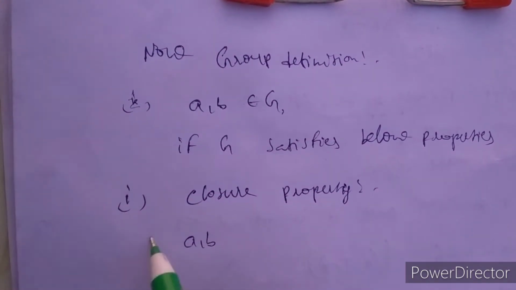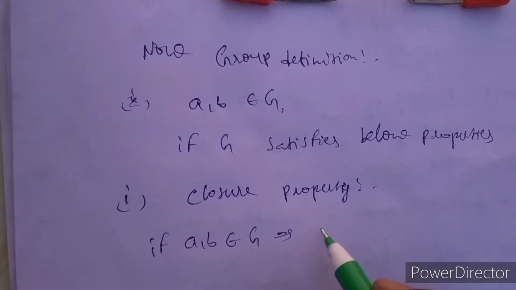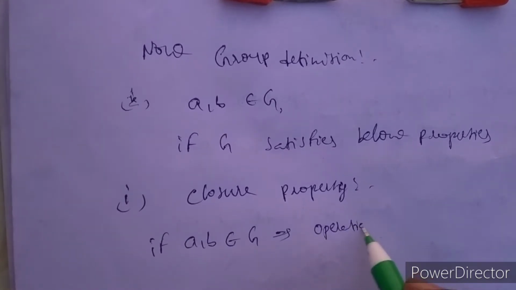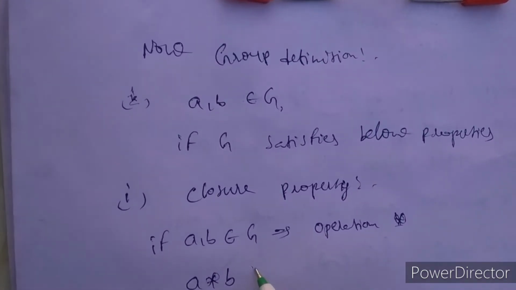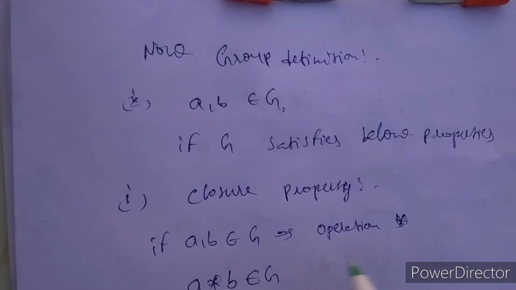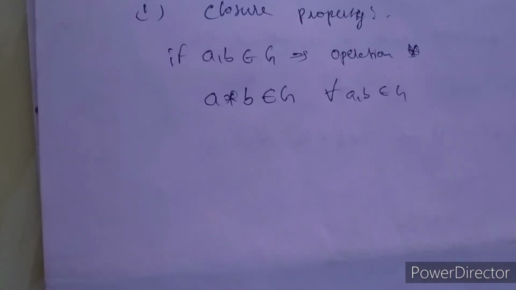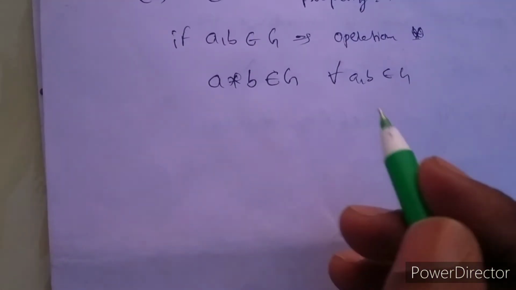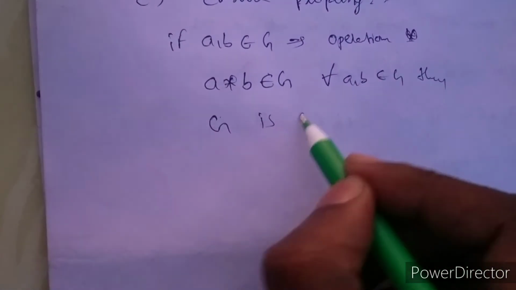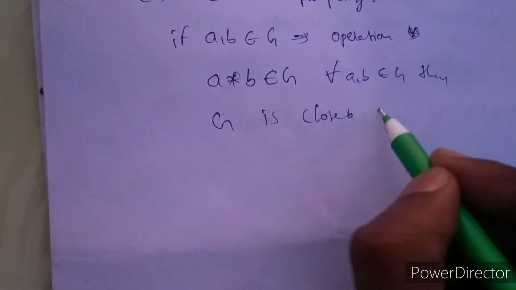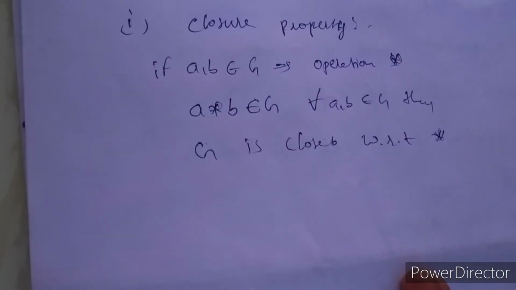If a, b belongs to G, and if we do the operation a star b, and a star b belongs to G for all a, b belongs to G, then G is closed with respect to star. So this is the first property, closure property.